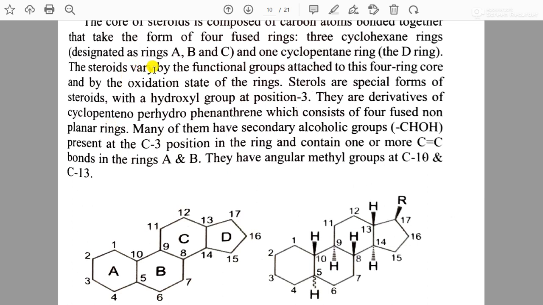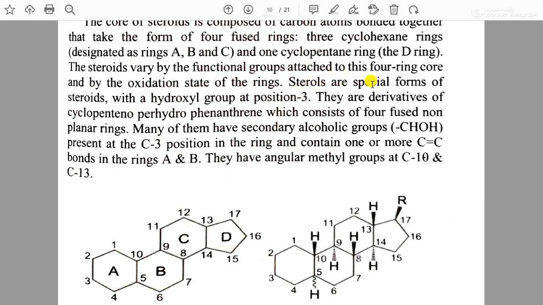The steroids vary by the functional groups attached to this 4-ring core. There can be different types of substituents present in this core ring. It may be CH3, or it may be OH groups, or it may be a double bond. So different steroids vary in the functional groups or the positions of the functional groups in this core ring structure.